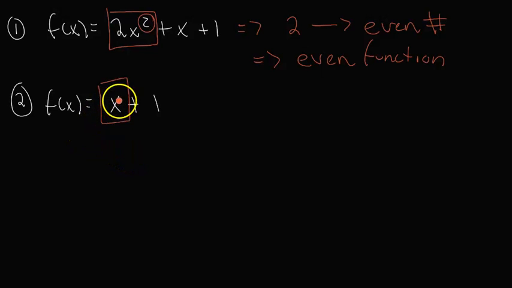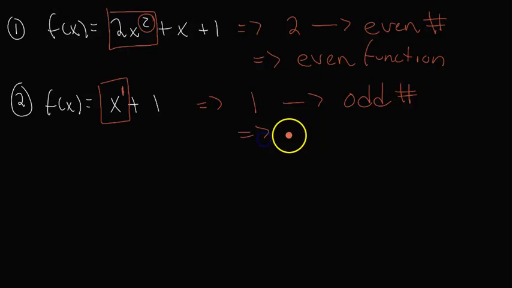If it doesn't have an exponent, we assume that there is an imaginary 1 right there. Thus, this has an exponent of 1, which is an odd number, which means that my function is an odd function.